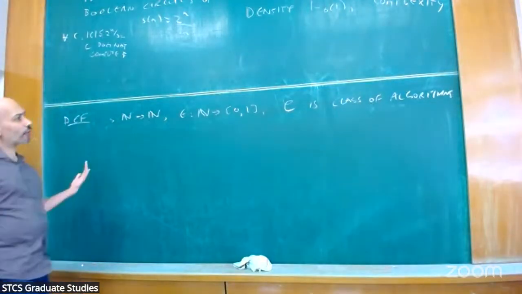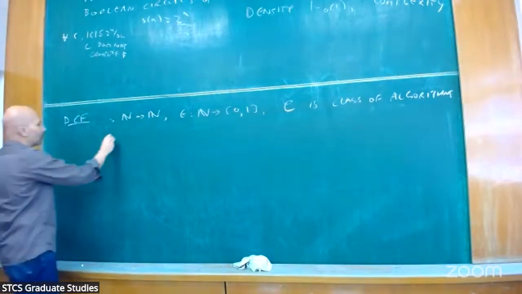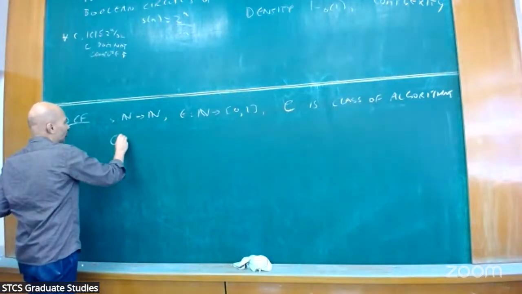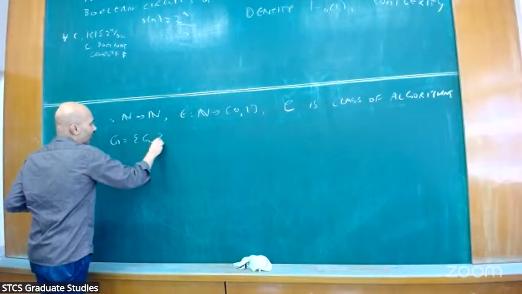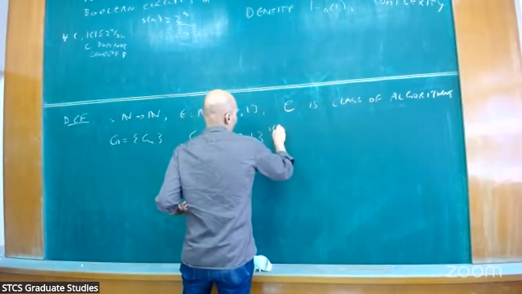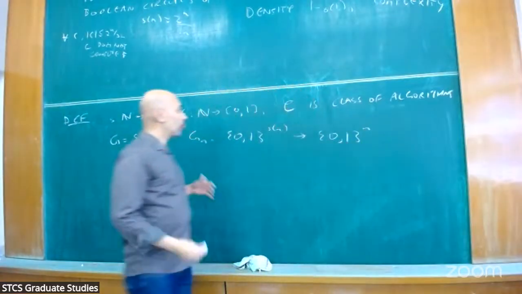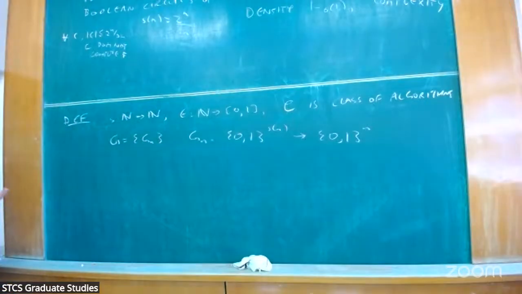So we want to define the notion of pseudorandomness. A generator G is just a sequence of generators Gn, and each Gn is from S of n bits to n bits. And we want the output of Gn to look random. What does it mean?